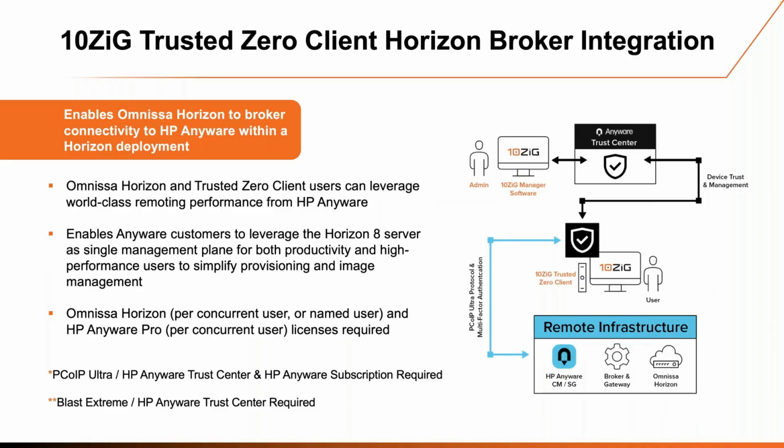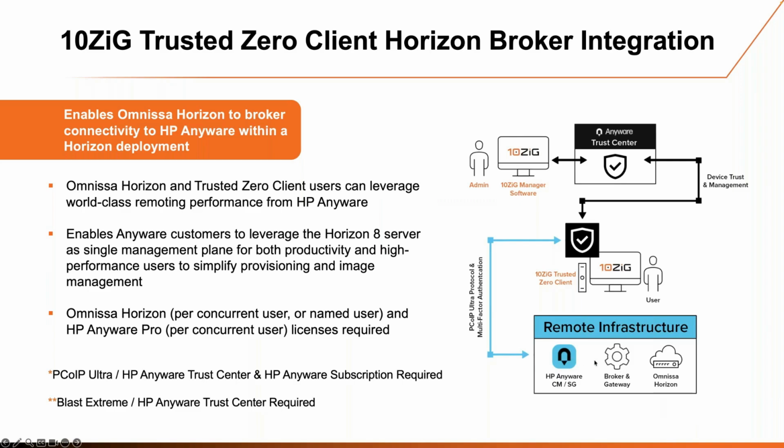So if we just touch on the connectivity diagram now for Trusted Zero clients and how it works together with both Horizon and HP Anywhere. Firstly, if you're adopting this for HP Anywhere and Horizon, the joint integration with PCoIP Ultra, and Christina touched on it, you're connecting and brokering via the Omnissa Horizon broker, which is then paired together with HP Anywhere's connection manager and security gateway.